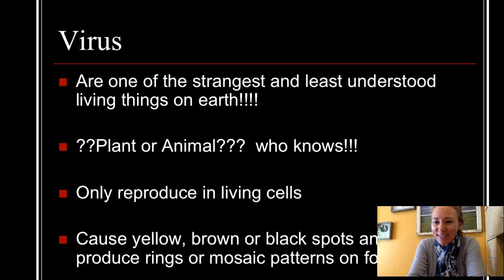Anyway, they're pretty confusing as organisms, but can be very detrimental because they can get into soil, they can spread from plant to plant, and they're very, very difficult to control. Typically, damage from a viral infection is some kind of pattern. It usually shows up as rings or a mosaic pattern where it almost looks like a stained glass window on a leaf.